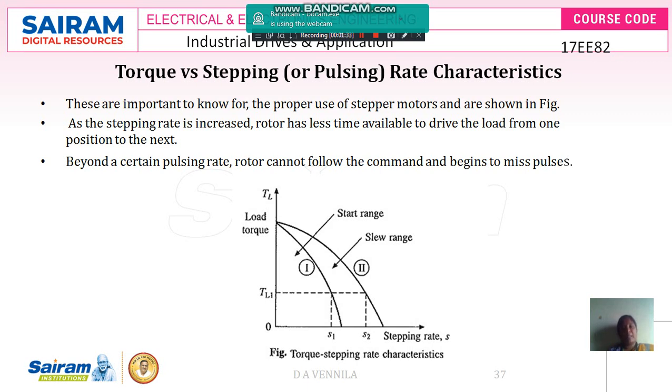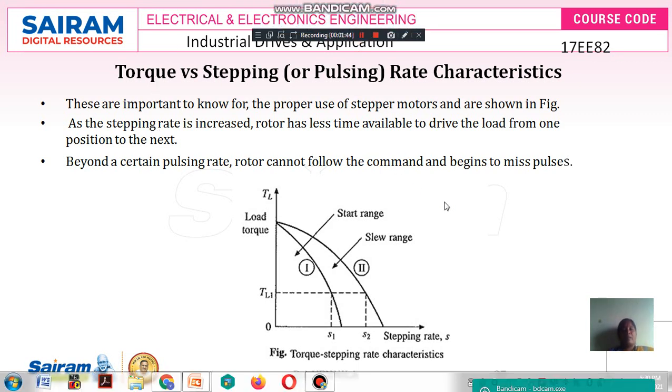Beyond a certain pulsing rate, the rotor cannot follow the command and will start to miss pulses. So we need to find up to which range we can increase the stepping rate in order to get proper synchronization between the motor and the load, and avoid missing command pulses.